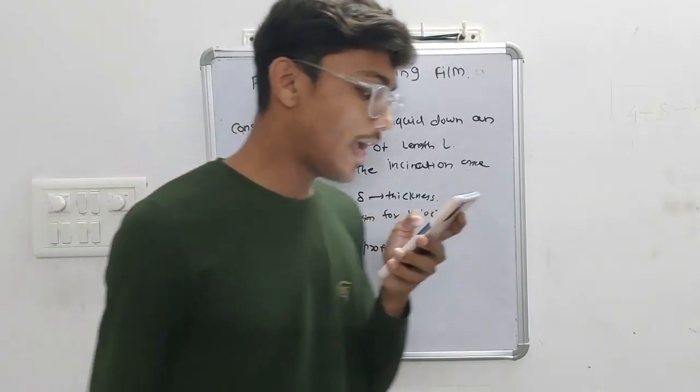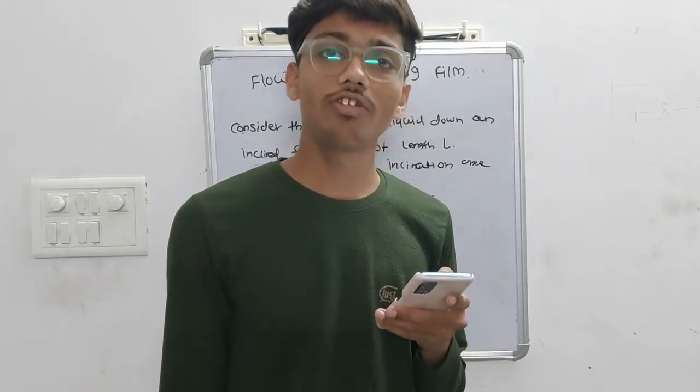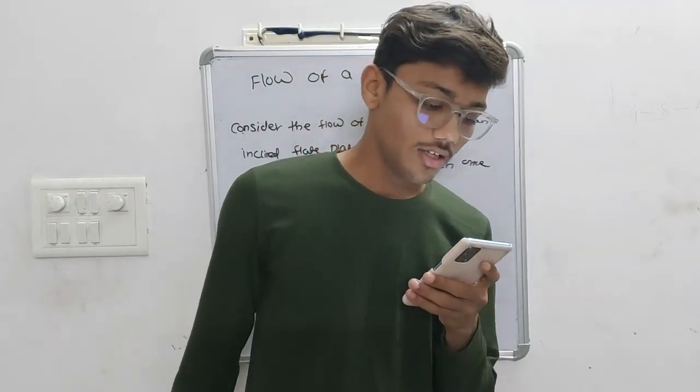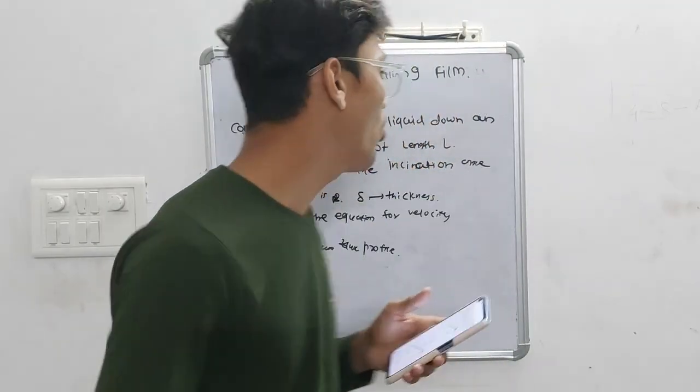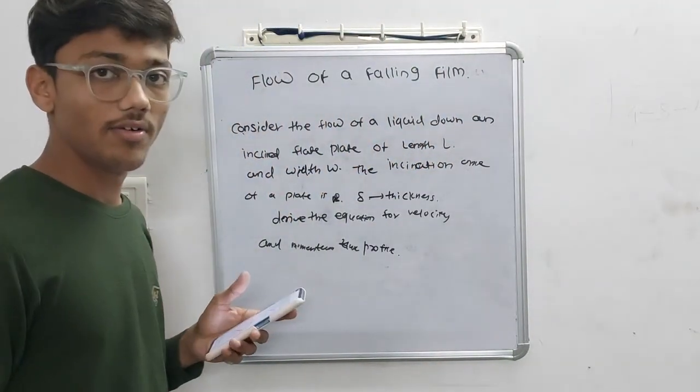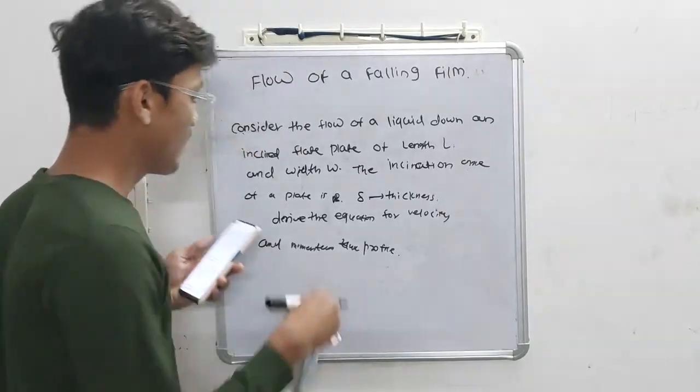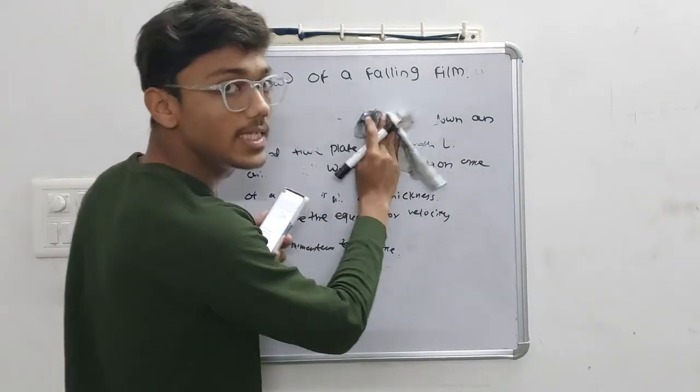Assume the liquid density is constant and viscosity is also constant. Neglect all end effects because of disturbance. So we are making the diagram of this question.